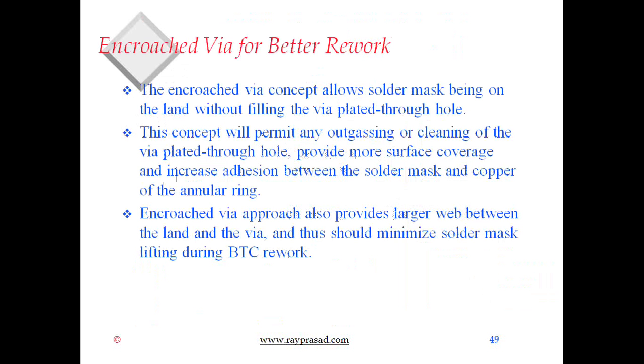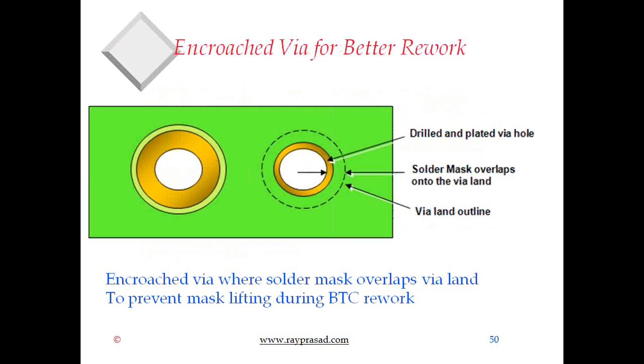Going back to slide 49, encroached via, but let me go to the next slide to show you the picture, then I'll come back. What I'm talking about here is the definition on slide 50. The encroached via is that the green stuff here is solder mask, obviously. Here is the pad, there is the via, and we are talking about when you make the solder mask go over the pad.